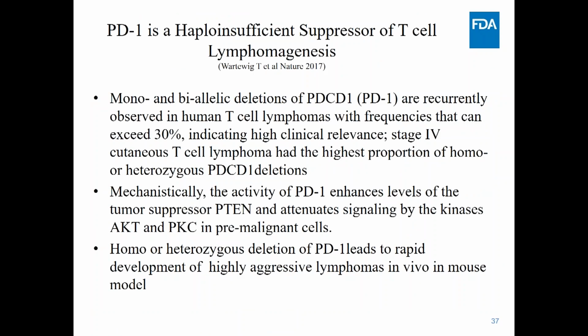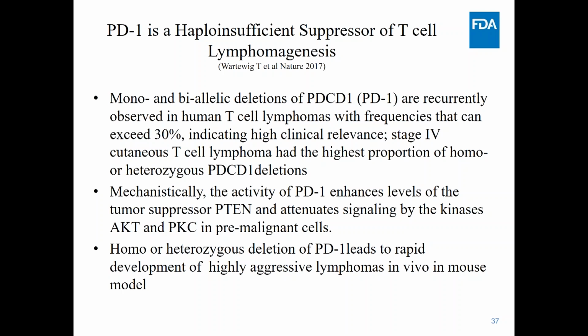In this lovely recent study, it was found that PD-1 is a haploinsufficient suppressor of T cell lymphomagenesis, and that deletion of PD-1 is recurrently observed in human T cell lymphomas, with frequencies exceeding 30%. So it's highly clinically relevant.